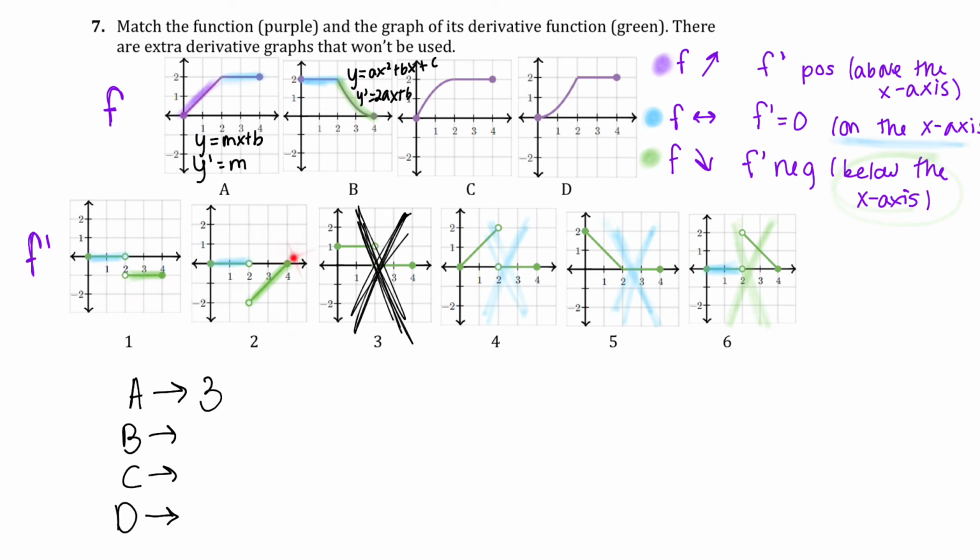It can't be 1. It has to be 2 here. If you have this parabola type shape, the derivative is going to be a line. So b has to be 2. And we can cross out 2 so that we don't need to look at it.